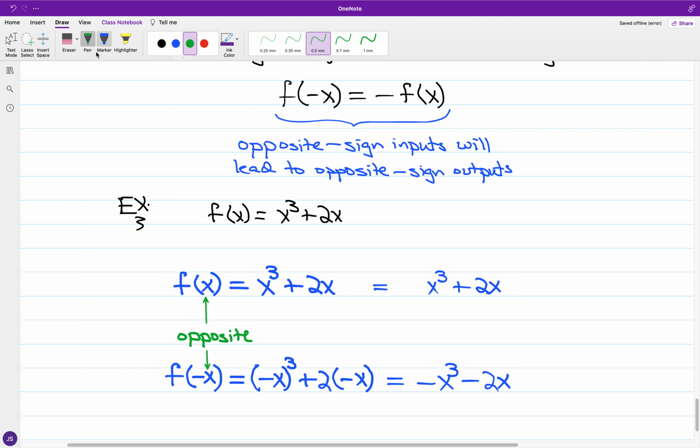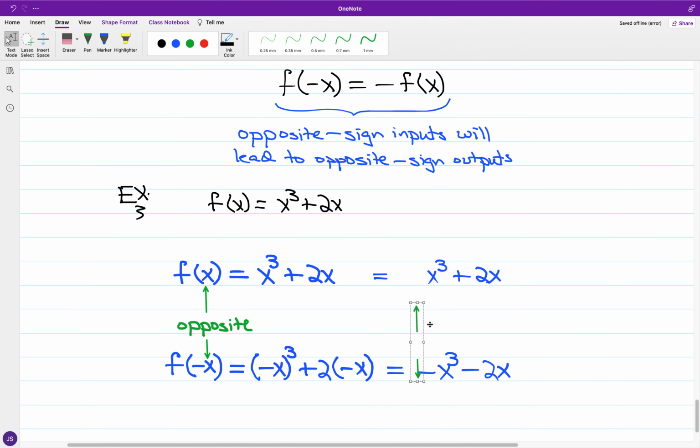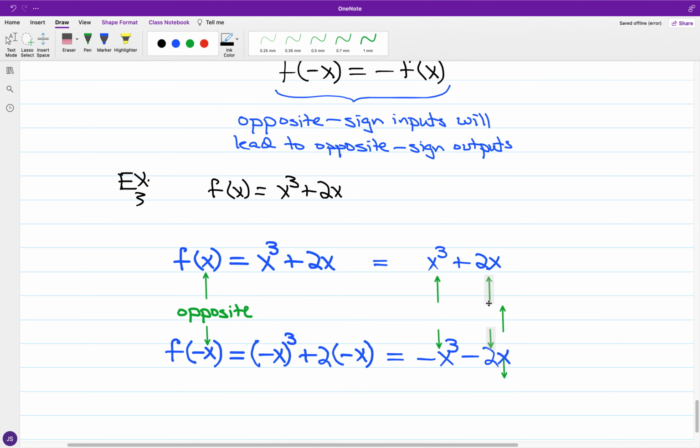And for what we have in terms of the output, if you notice, you have positive x cubed and positive 2x for f of x.